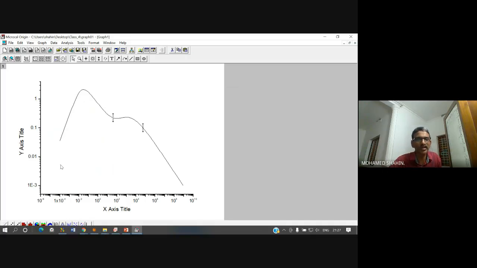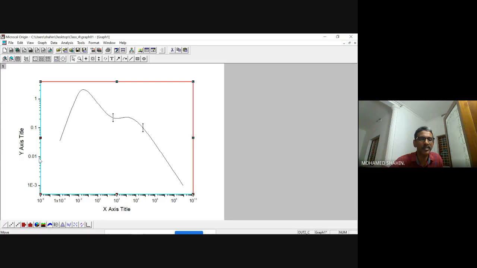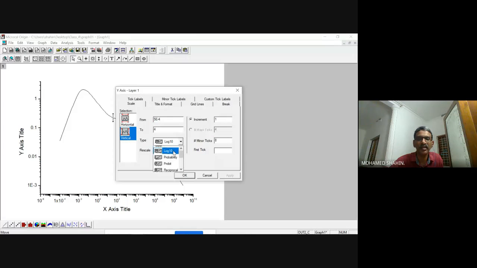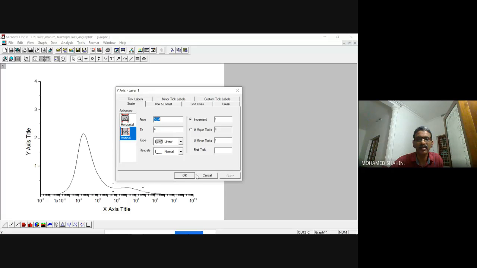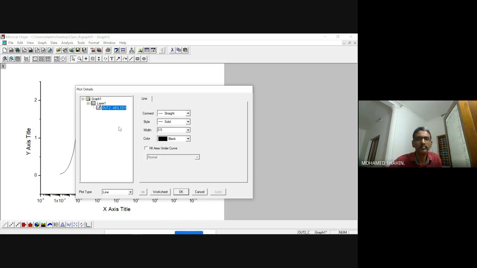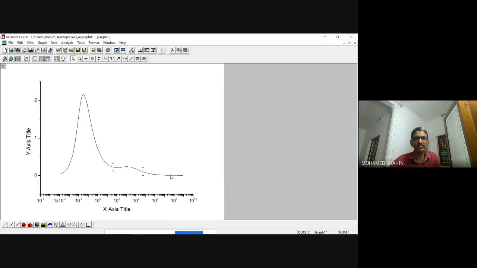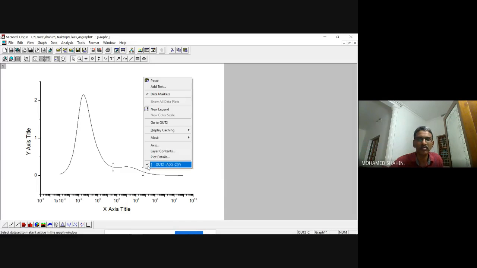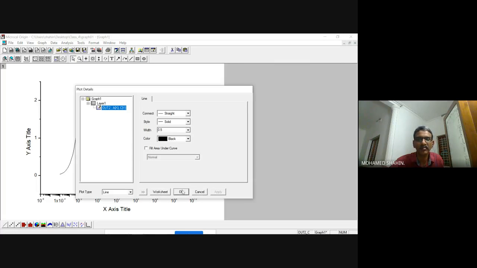Now this is the imaginary part, and this has been plotted in logarithmic scale. Okay, this should be removed.